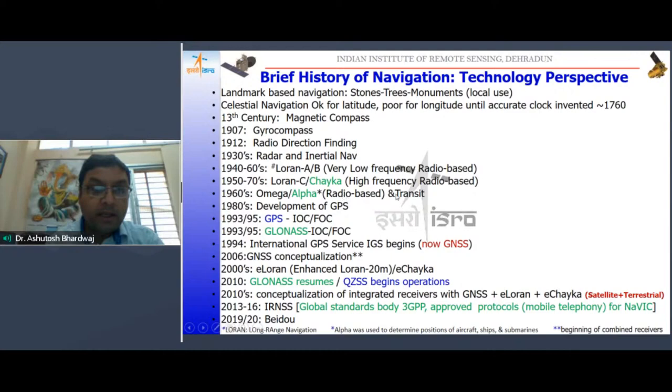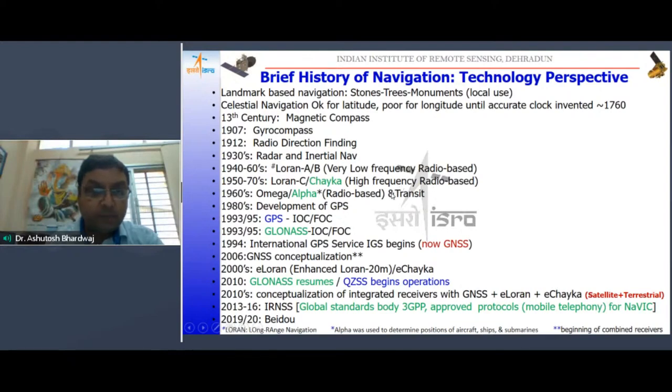In the initial phase, a smaller system called Transit was developed. It was developed basically for the Navy, and it was again a regional system and not a global system. It was also meeting the requirements of specific areas as per the needs of those days.